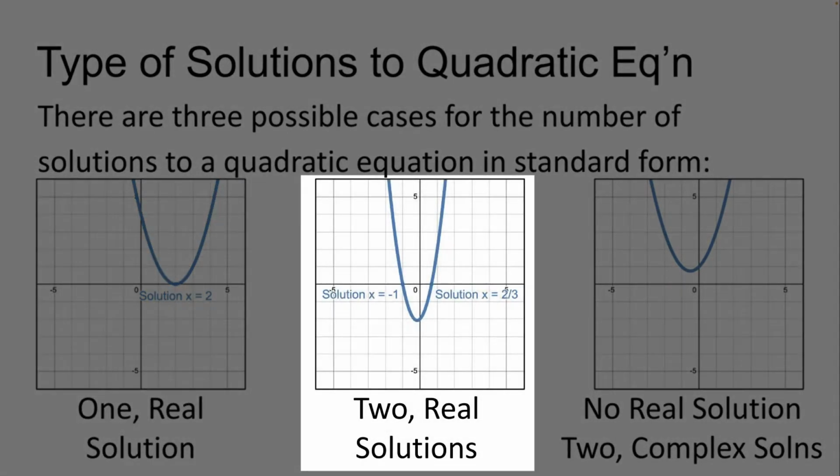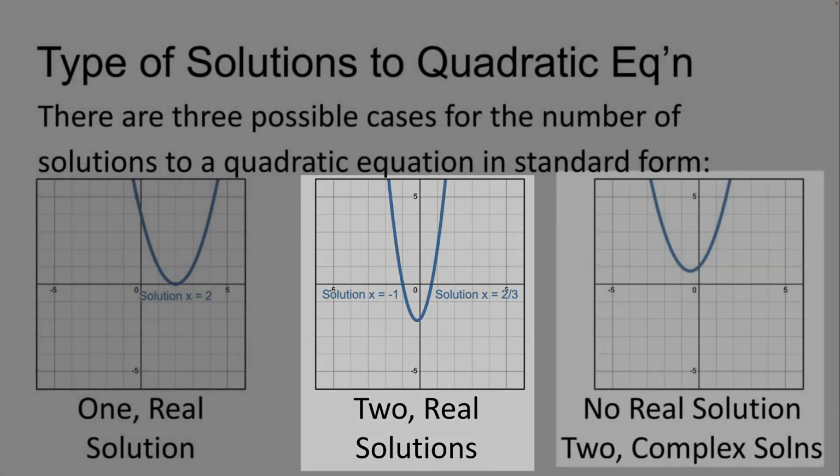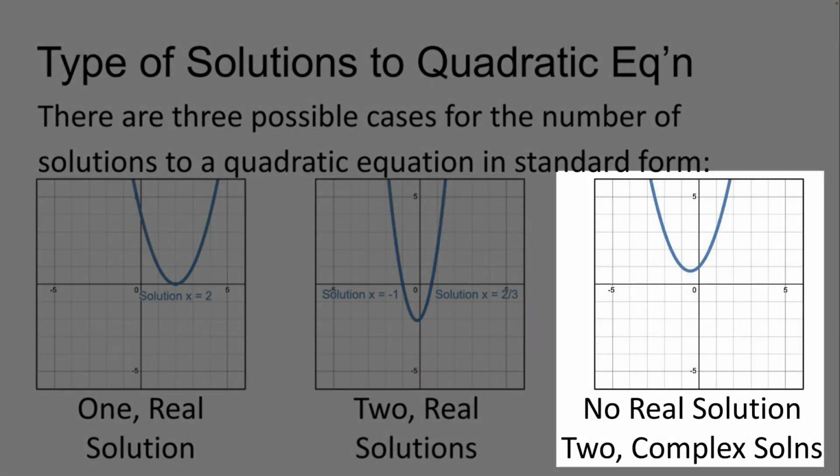In the center of the screen, you see what is usually the most common case, where a quadratic equation has two real solutions. Visually, this is where the parabola crosses the x-axis in two different places. There are two real solutions. The third and final case is when the parabola does not cross the x-axis. In that case, we say that there is no real solution.